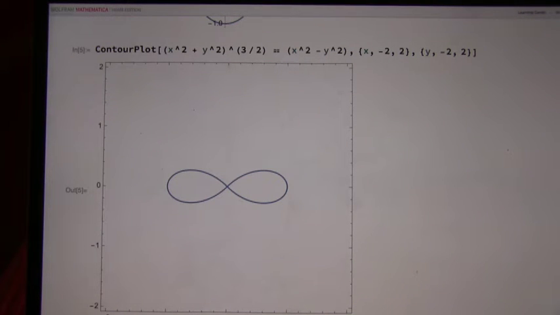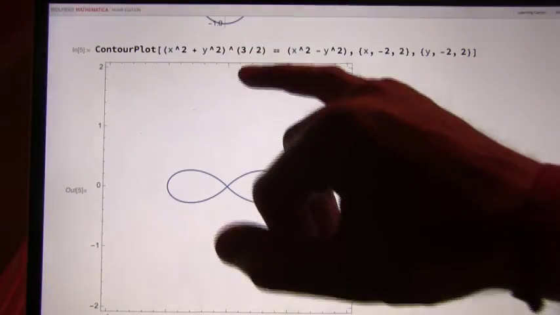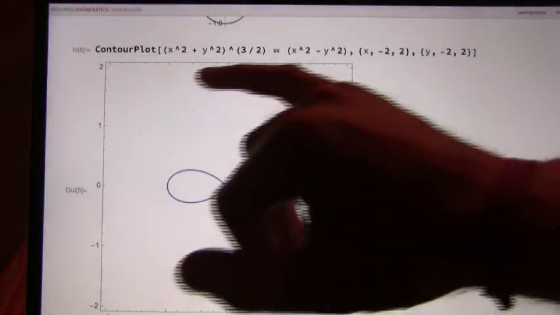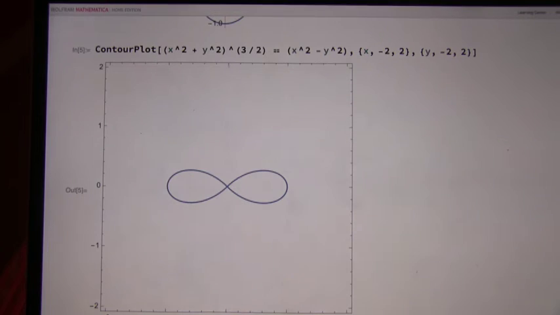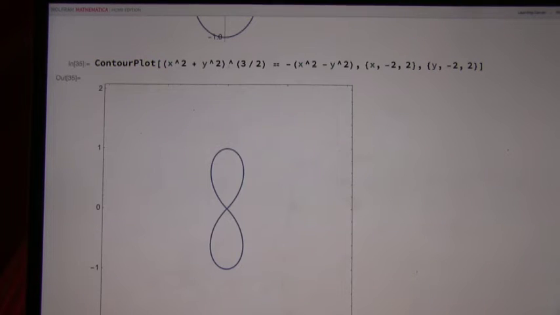Okay, so instead of 1. So where's the plus or minus coming from? Like why am I missing some solutions here? So if I just put a negative in front of this, I get that. So what's happening? Why are there 2 independent pieces or seemingly independent pieces?